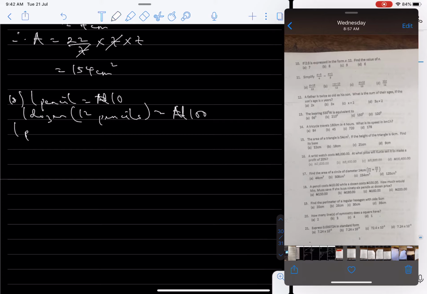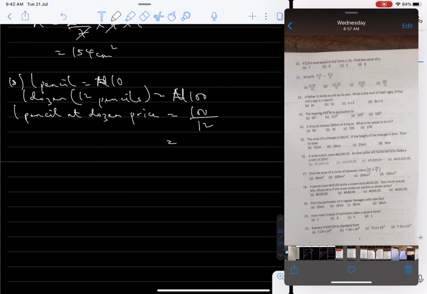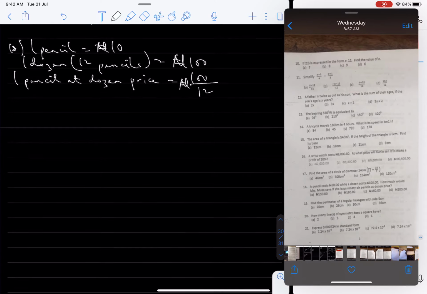Now, how much will Mrs. Musa save if she buys 96 pencils at dozen price? So 1 pencil at dozen price is equal to 100 divided by 12. I'm just going to leave that as 100 divided by 12 naira so that I don't get a clumsy fraction to deal with.